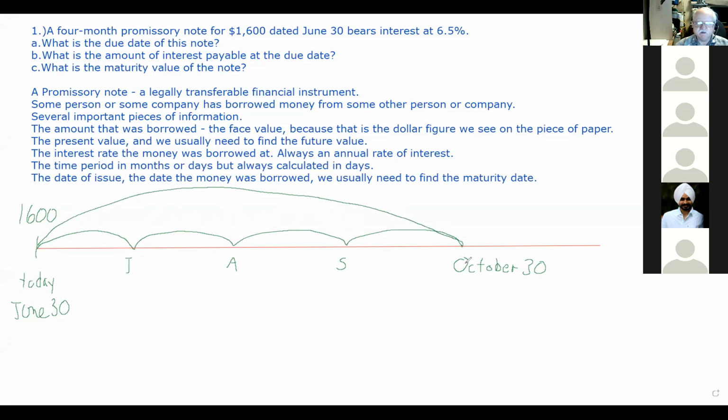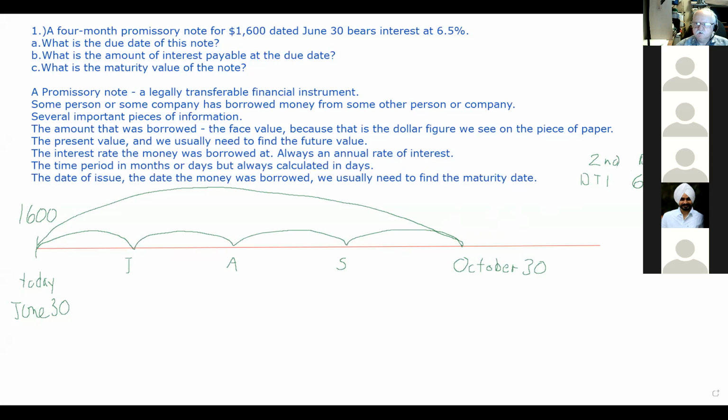So we can work out exactly how many days that is using the days between dates on our calculator or going to Excel. Let's use the days between dates on our calculator. We'll go second date, and then we'll be looking at DT1, and we know it's the 6th month, so we have to put in 6. We know it's 30th, and we don't know the year, so we'll use 2021 because it doesn't matter which year we're going to use.